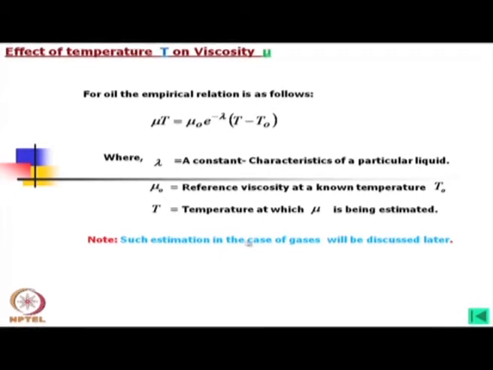Note, such estimation in case of gases will be discussed later. I have mentioned this because many people get confused and think that this can also be used for gases. It is not. There we have to use a different formula.